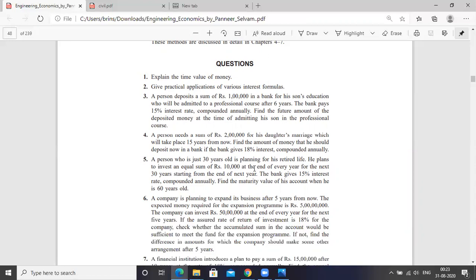The bank gives 15 percent interest, compounded annually. Find the maturity value of his account when he is 60 years old.